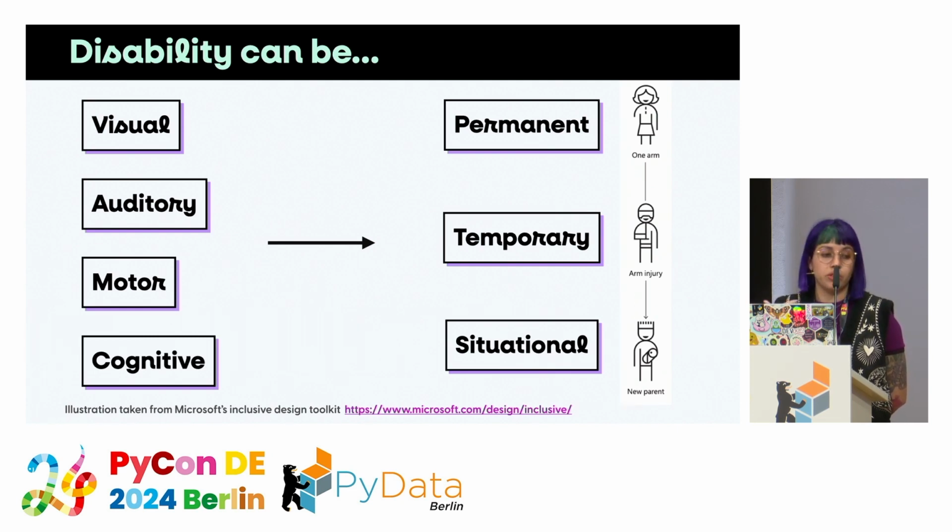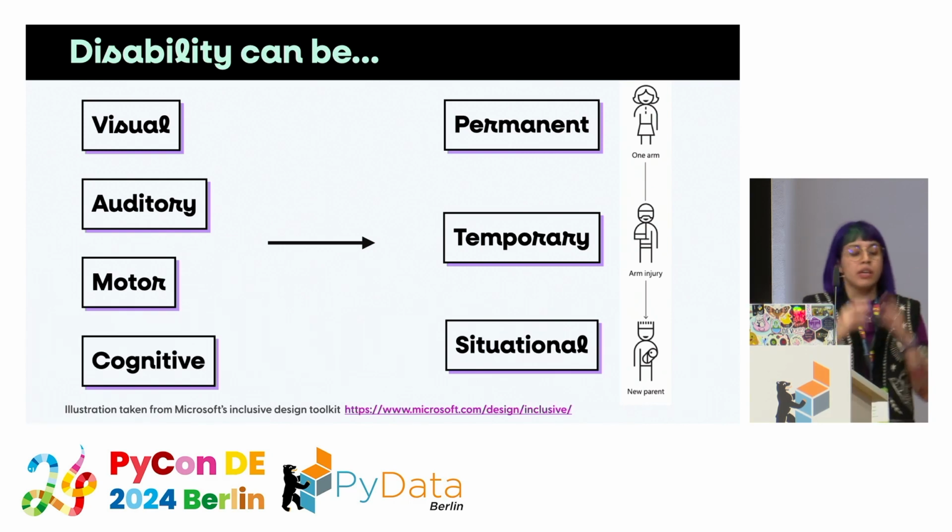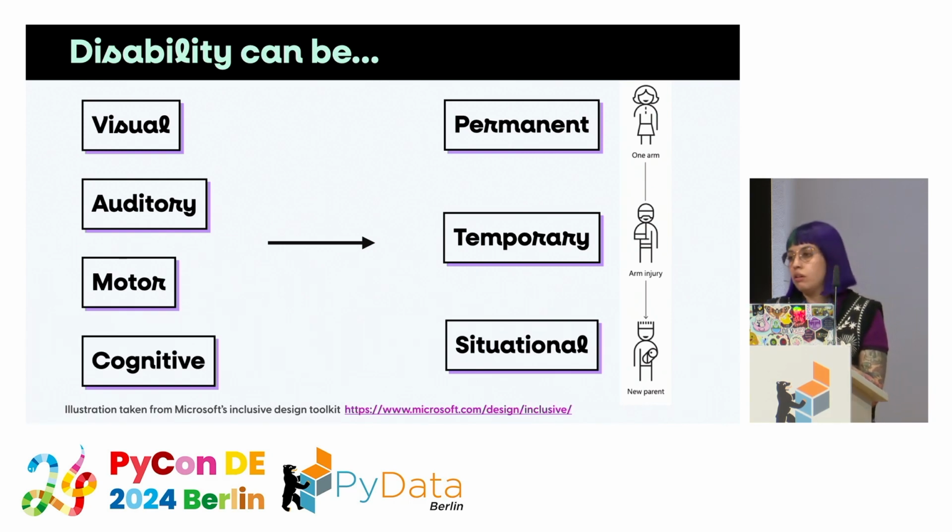For example, if we're talking about motor, someone that is missing an arm for whatever reason, or if you go skating with your friends, fall and break an arm, that is also a temporary disability. And it can also be situational. Say you're carrying a baby, or your dog, or something else, right? So every one of us, at a given point in our lives, is going to experience a disability, whether it is permanent, temporary, or situational.